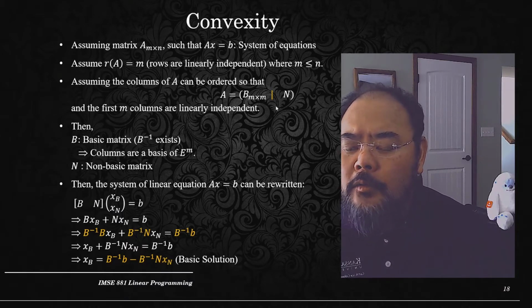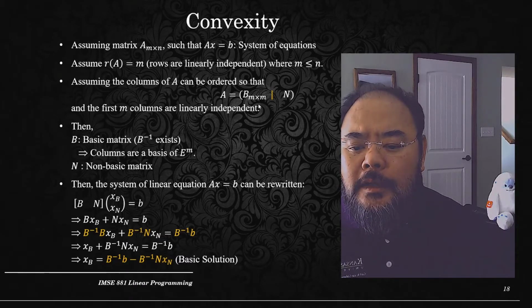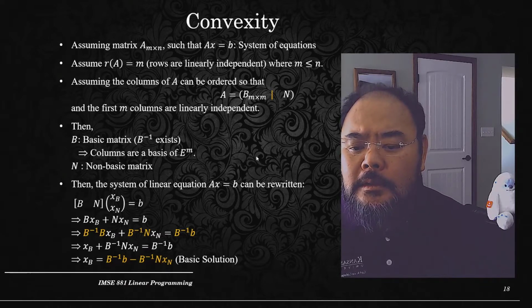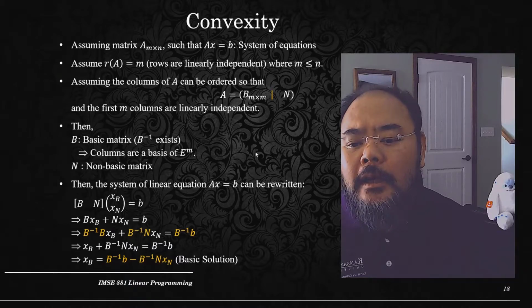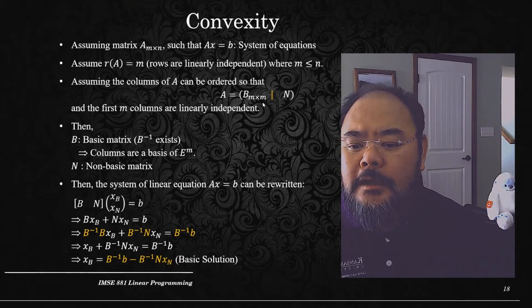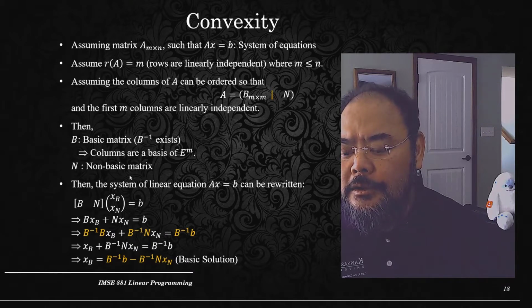We call this B matrix the basic matrix, and the rest of the columns in the N matrix are called the non-basic matrix. So now we do a basic and non-basic partition, and later on we're going to use this term, the so-called basic and non-basic partition.